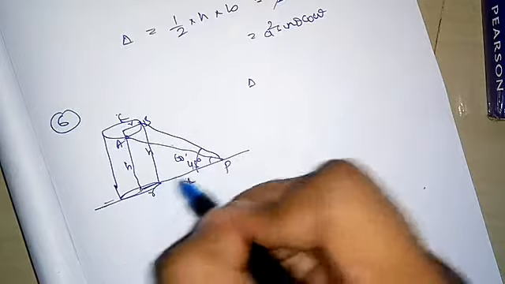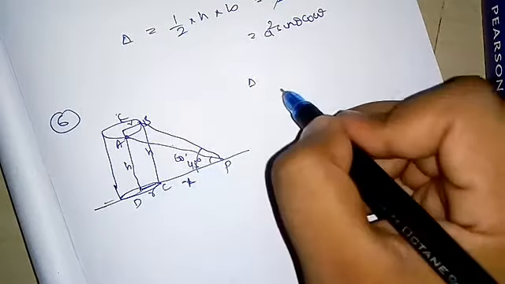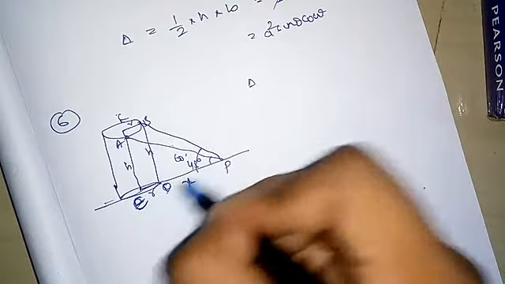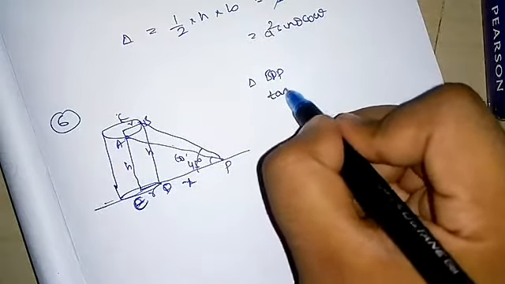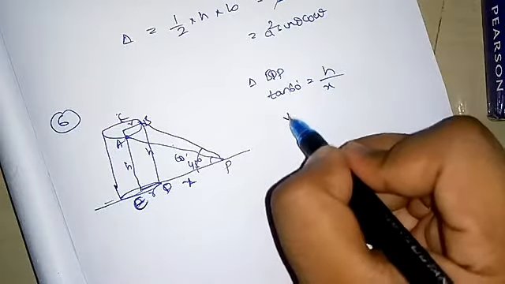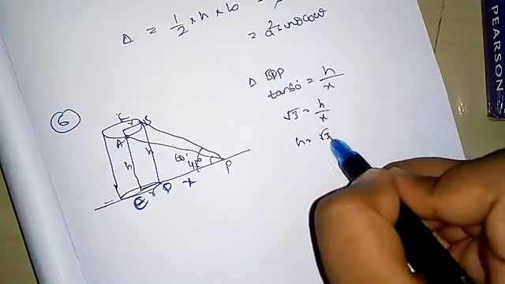This distance is r. Let these points be D and E. In triangle BDP, tan 60 degrees is equal to h by x. Tan 60 is root 3, equal to h by x. Therefore h is equal to root 3 x.